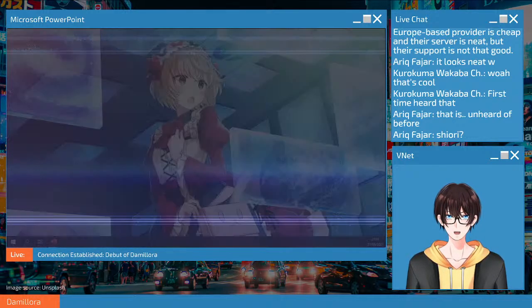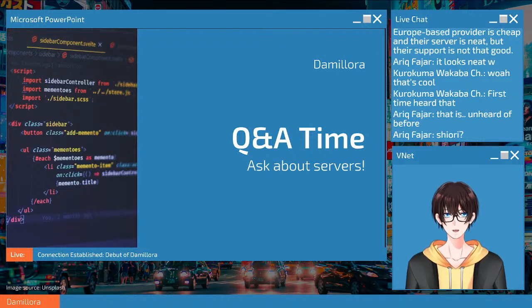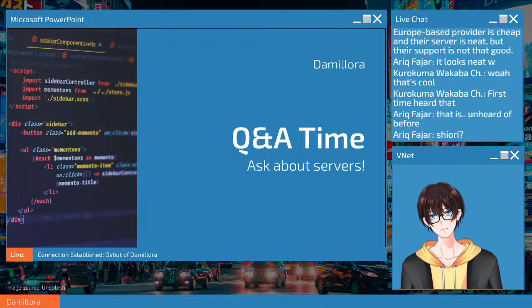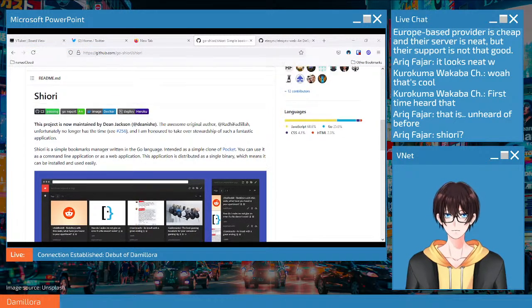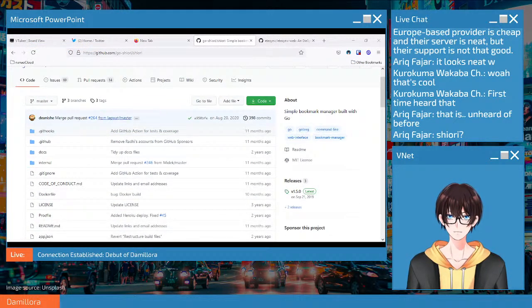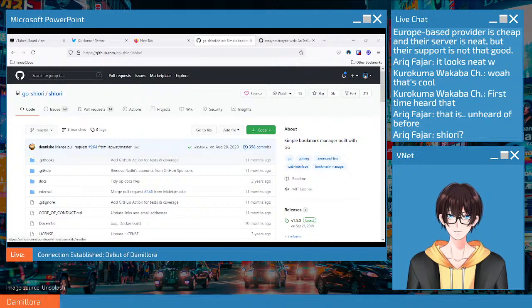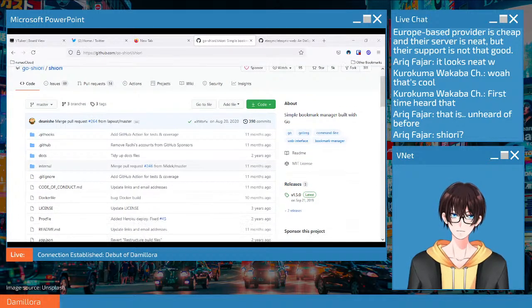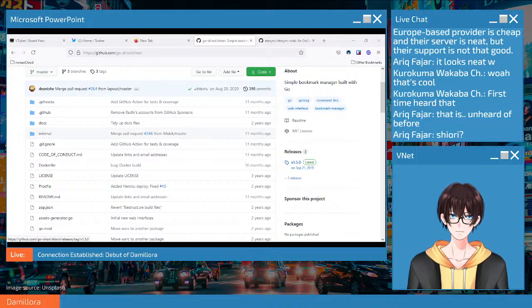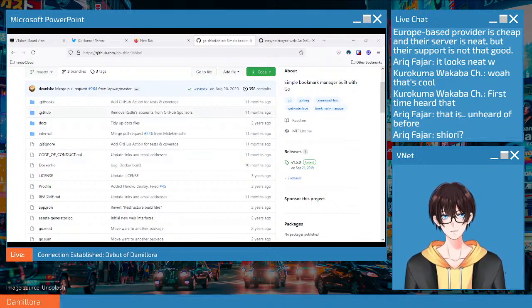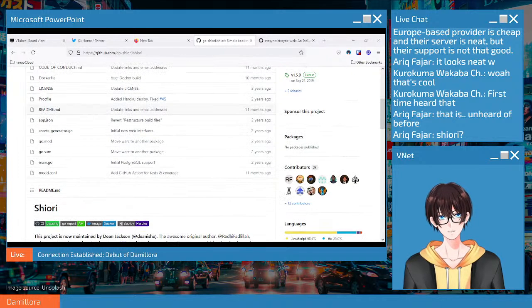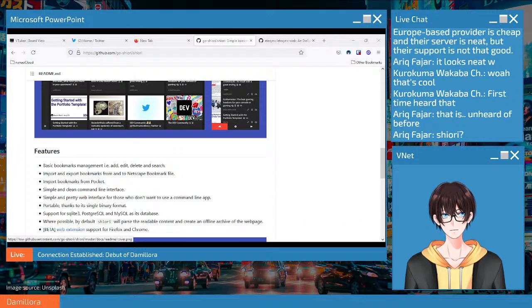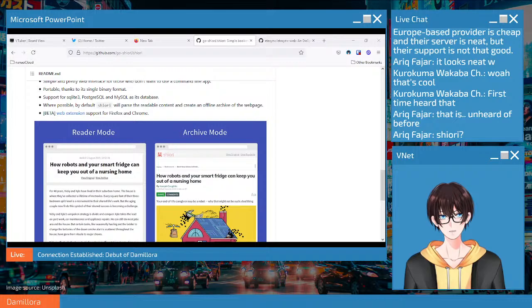Let me check. Okay, let me switch the display yet again. Yeah, simple bookmark manager built with Go. Unfortunately, the last release was in 2019 and the last commit is from 2020, so I don't use it anymore.